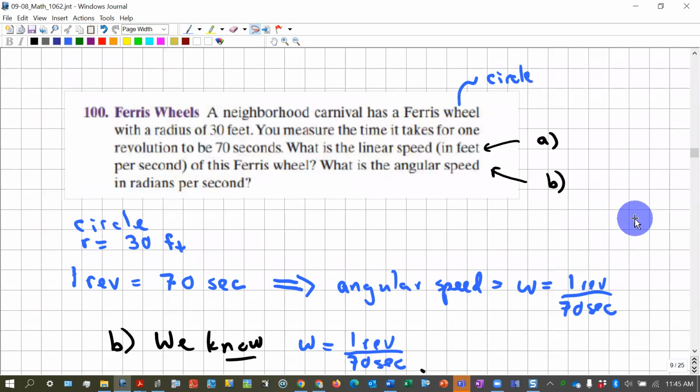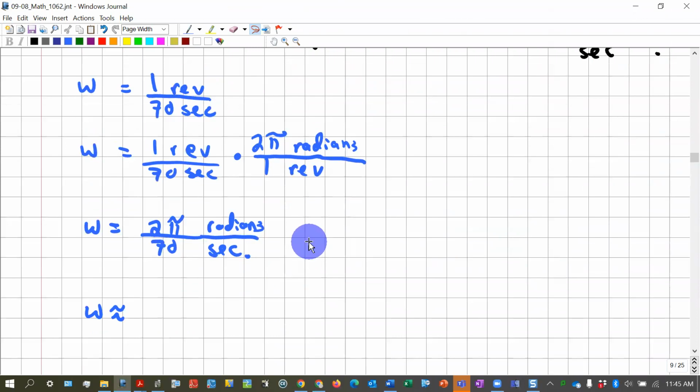It doesn't tell us whether to give the exact answer or not, so I would probably stop there. Or actually, let's see, we could simplify that, couldn't we? So that would be pi over 35 radians per second.